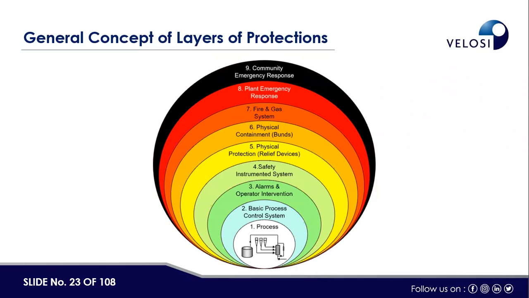So there are about 9 considerations placed to ensure that plants built in any particular area are operated within safe limits, and that there are particular actions to prevent anything which may go wrong.